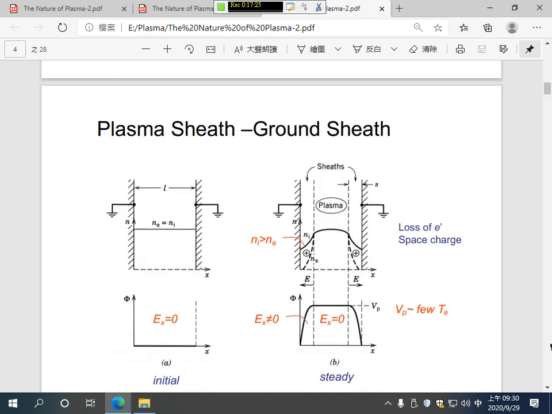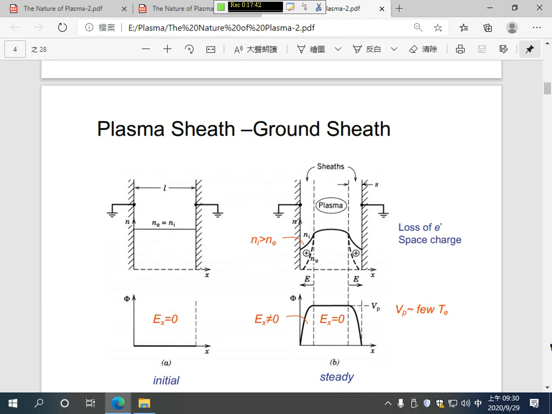Then we can place two pieces of metal as a chamber wall, just like stainless steel.